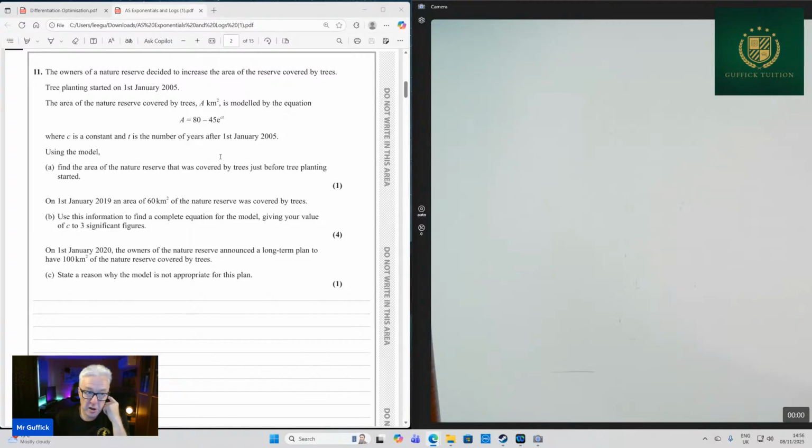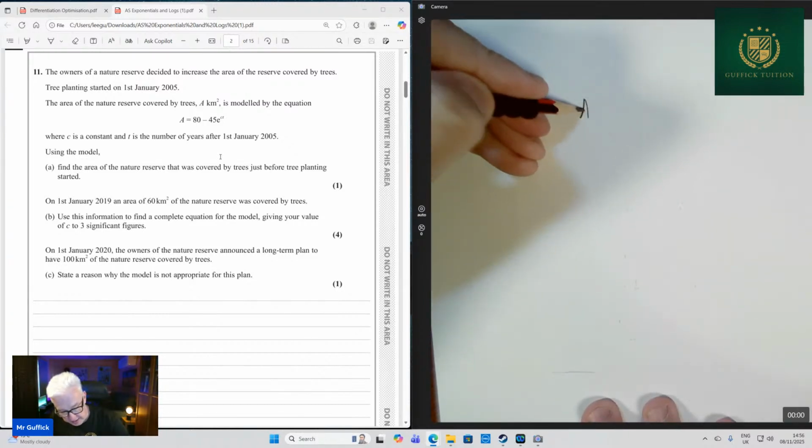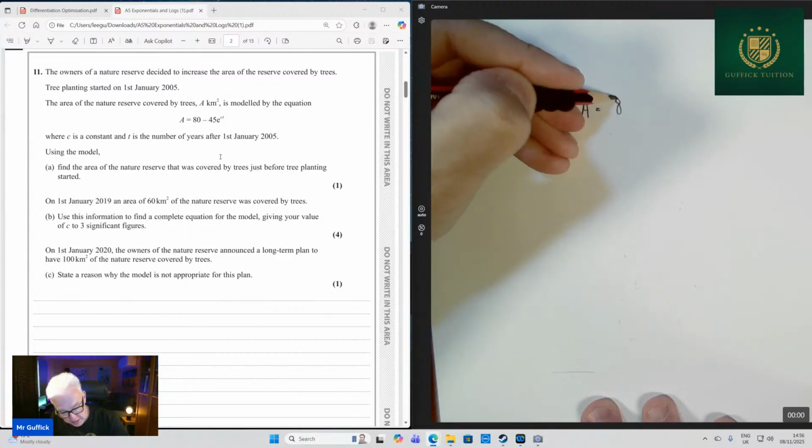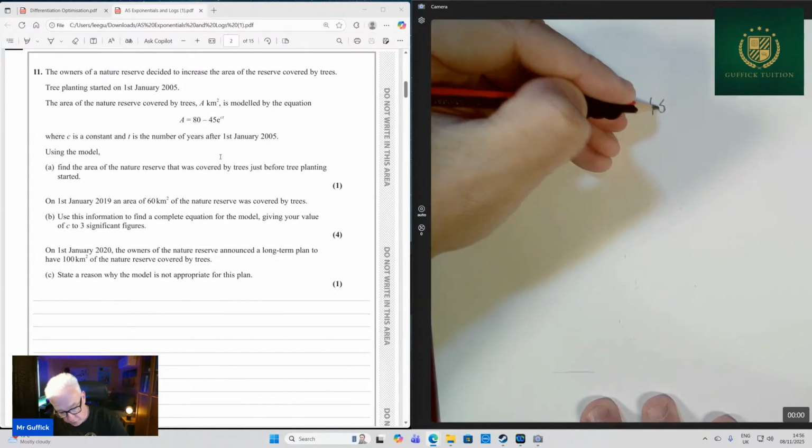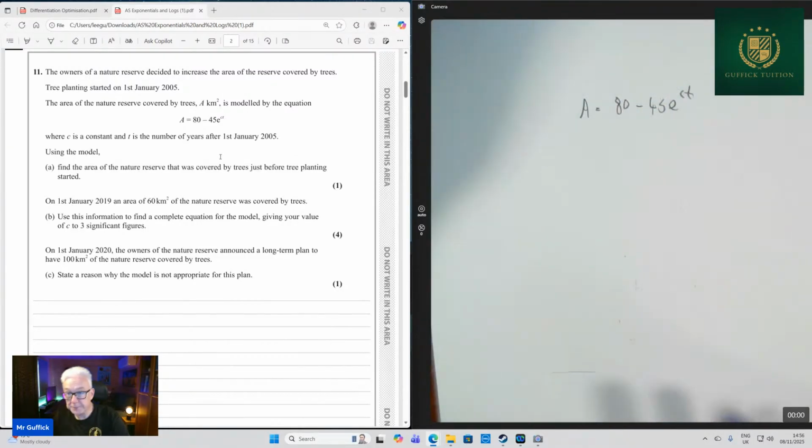Tree planting started on the 1st of January 2005, and it says the area of the nature reserve covered by trees, A kilometers squared, is modeled by that equation. Okay, so A is equal to 80 minus 45 e to the power of C T, where C is a constant and T is the number of years after the 1st of January.